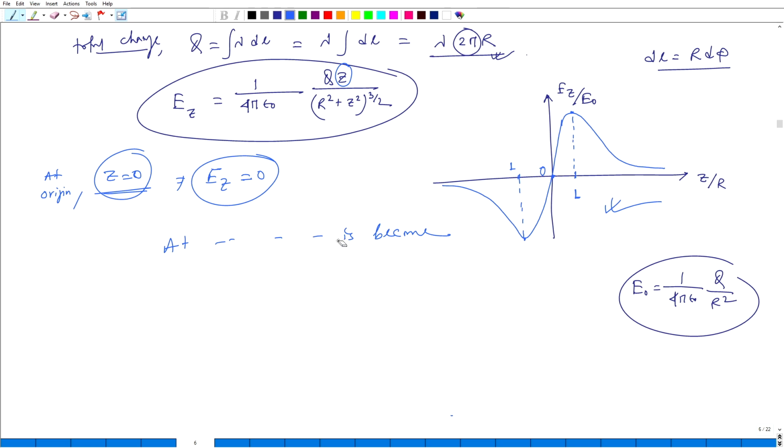So in the next class we will calculate at which point the electric field becomes maximum, and we will also discuss other kinds of charge distributions, like the surface charge density and the volume charge density. So, thank you.